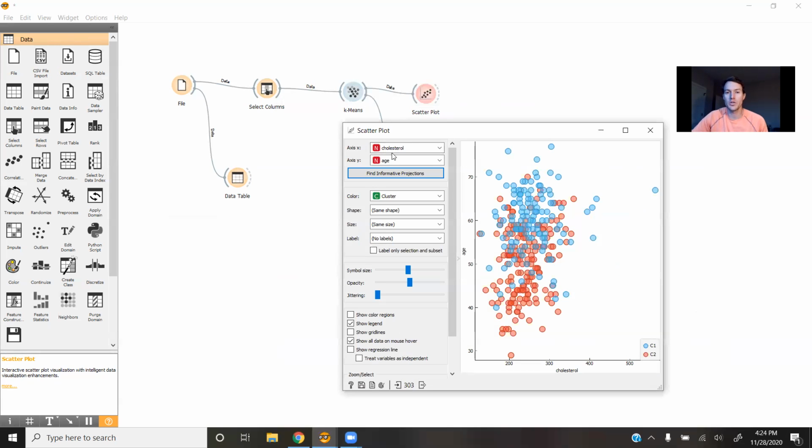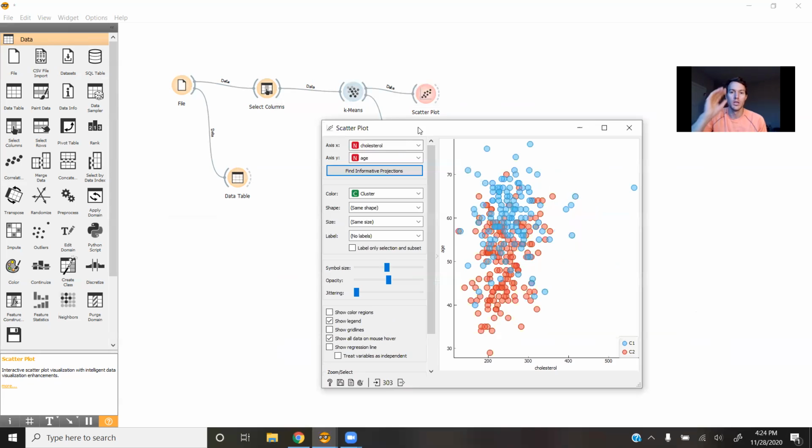Okay, so the first one we started out with is cholesterol and age. As you can see, cholesterol is across the bottom, age going up top. What seems to happen is there's not a huge correlation of cholesterol going up as age goes up. It seems like cholesterol somewhat stays consistent, which is interesting.